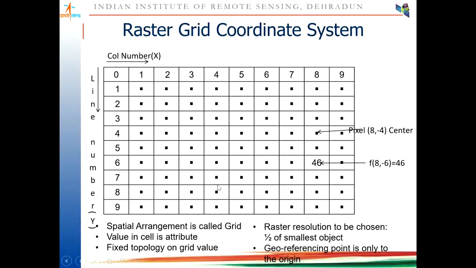One important aspect of this kind of grid system is that the reference point, or the location, of all these points is not stored. What happens is that the origin of the locations is defined. That means the starting point of the locations is given, and since this is a planimetric representation, we know how much unit distance we need to move to reach another location.